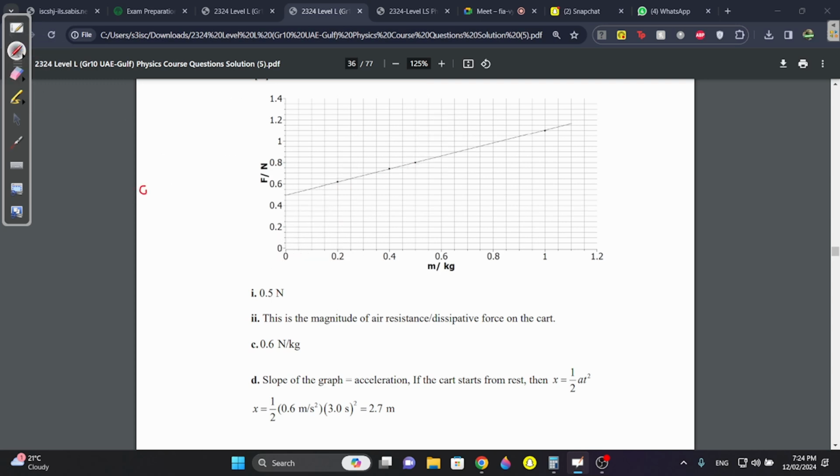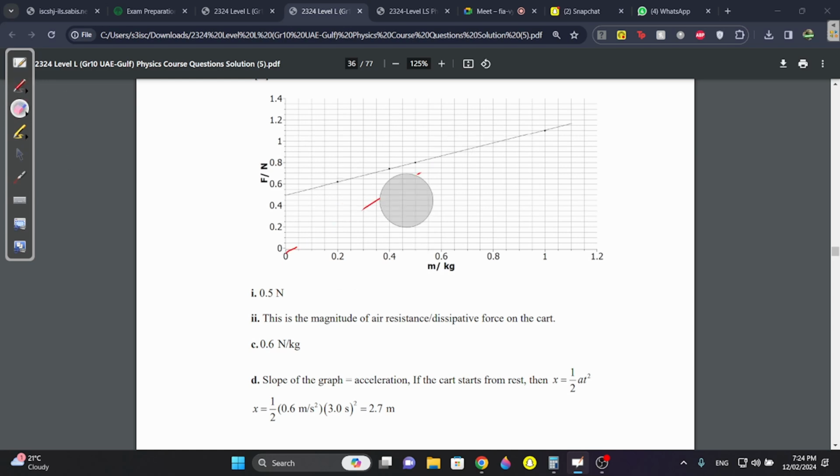Once you push a trolley, there's gonna be wind air resistance acting on the trolley, right? This isn't a constant force. It's always changing. That's why this could be a reason why it's not going through the origin, because it's air resistance.